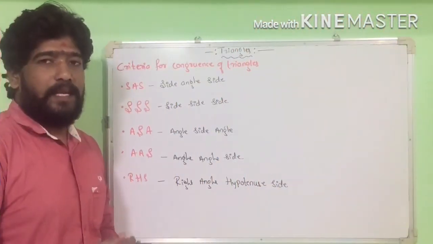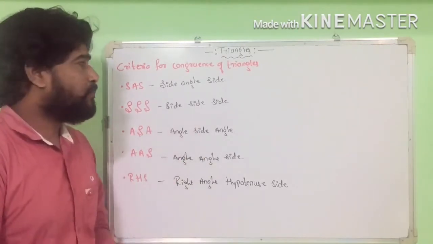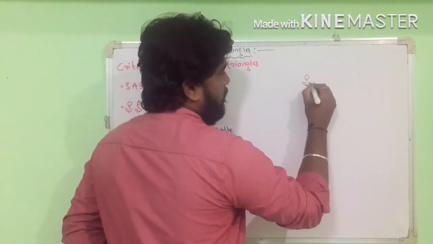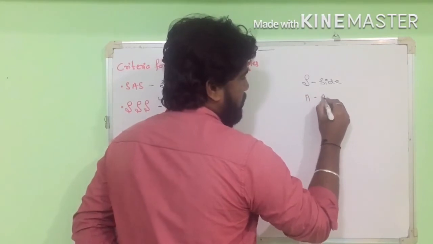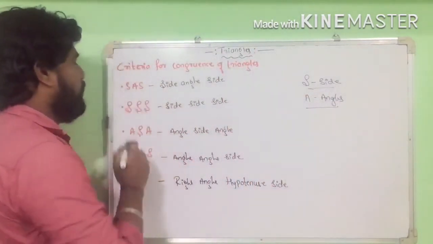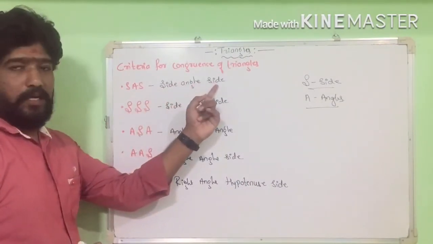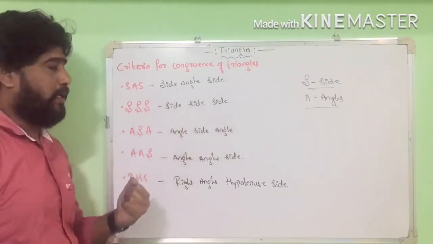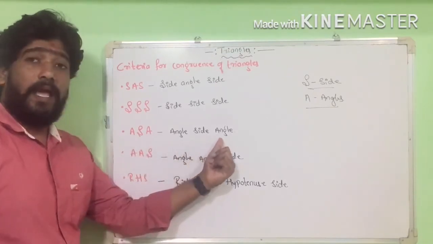Well students, the next concept is the criteria for the congruence of triangles. So first one, SAS. Here S means side, S means side, and A means angle, right? So SAS means side angle side criteria, and SSS, side side side criteria. Next one, ASA, which means angle side angle.